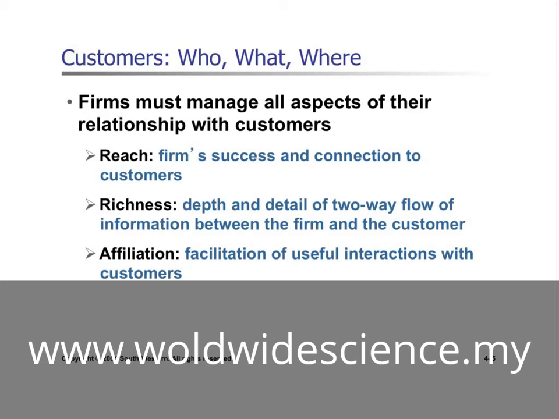You want to make sure that everybody knows about your branch's information. So what you do is you put bulletins and advertisements in that neighborhood where your branch is. You send out flyers, you give them coupons.